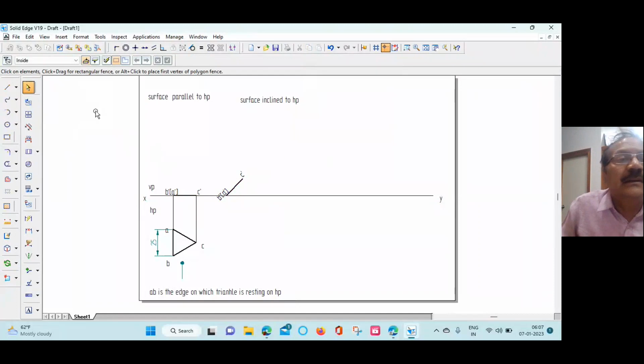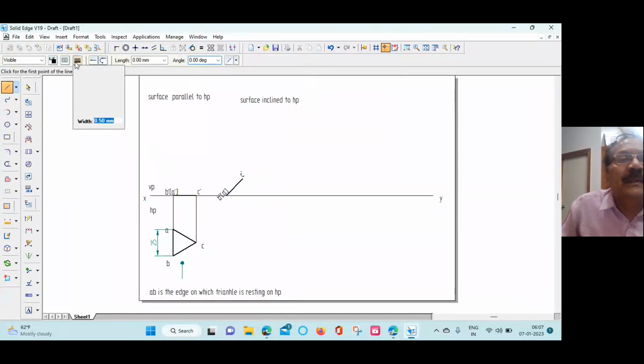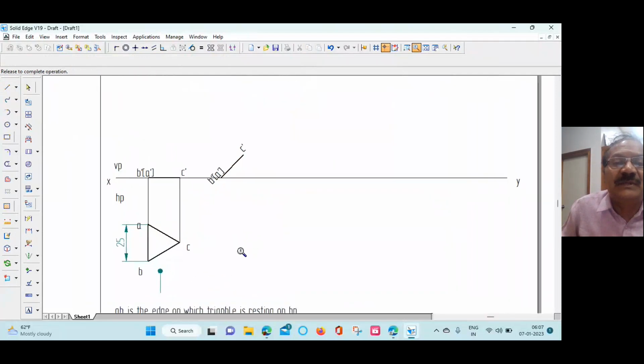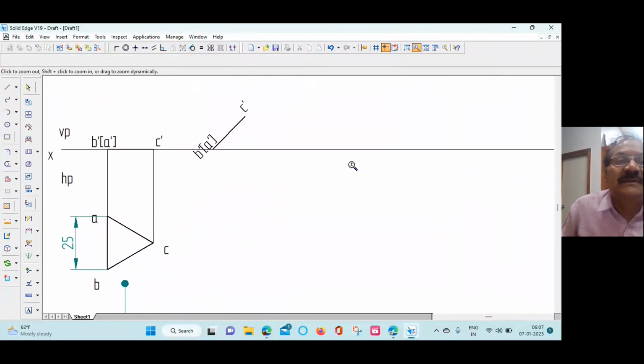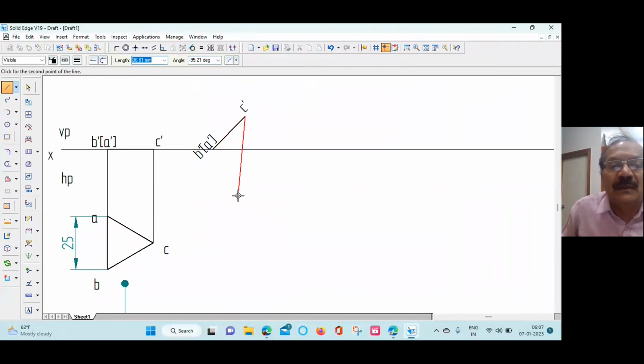Come out and right click, then go to line command, thin line, draw a vertical from C, vertical from D. Let us zoom it, it's very small. Horizontal from A, it cuts the vertical from A at this point. Similarly, horizontal from B, it cuts here.